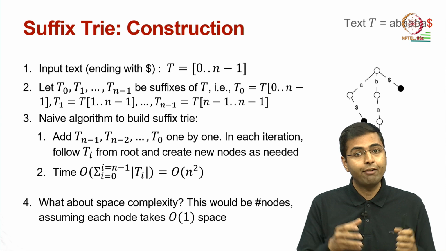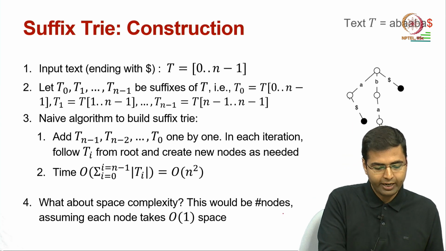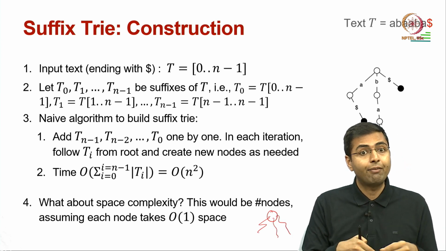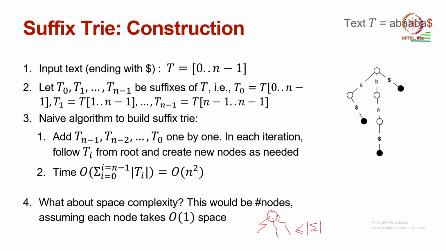In every node we keep the pointers to its children, and the number of children cannot exceed the alphabet size. If we assume that the alphabet size is constant, then each node is going to require order 1 space.